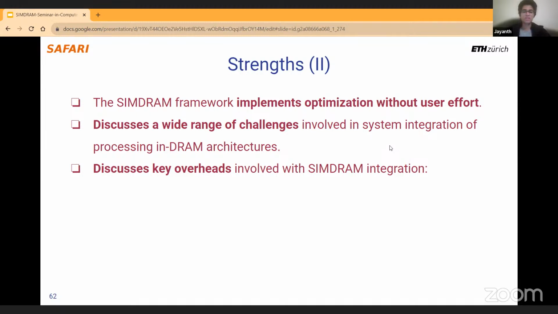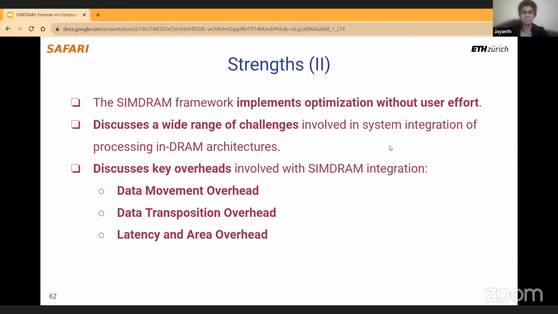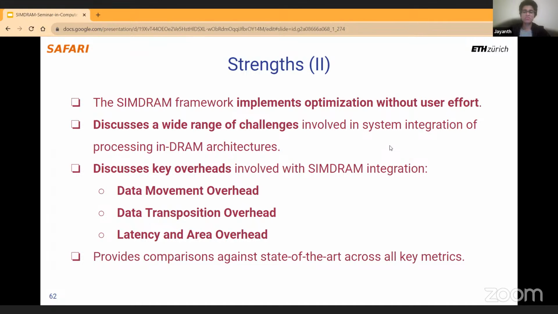And it also discusses all the important overheads which would be involved in the integration of SIMDRAM, which support SIMDRAM's viability. So the paper elaborately discusses data movement overhead, data transposition overhead, and latency and area overhead. And lastly, it also provides elaborate comparisons against state-of-the-art baselines across all key metrics like throughput, latency, energy efficiency, etc.